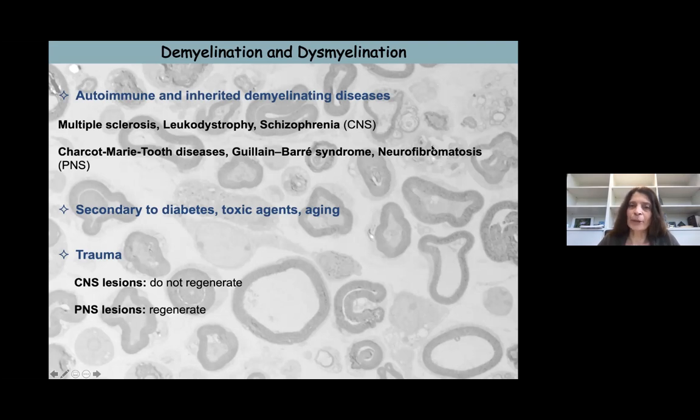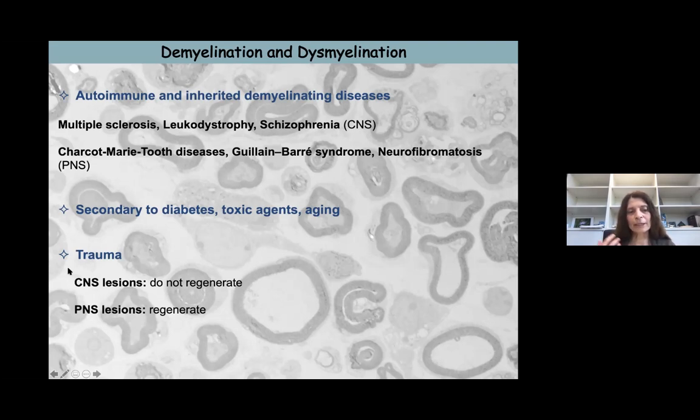Neurofibromatosis is a tumor formation that can lead to demyelination. Then demyelination can also be secondary to diabetes or toxic agents. During aging, there's always some demyelination, more or less, depending on individuals. And of course, after trauma, demyelination occurs.